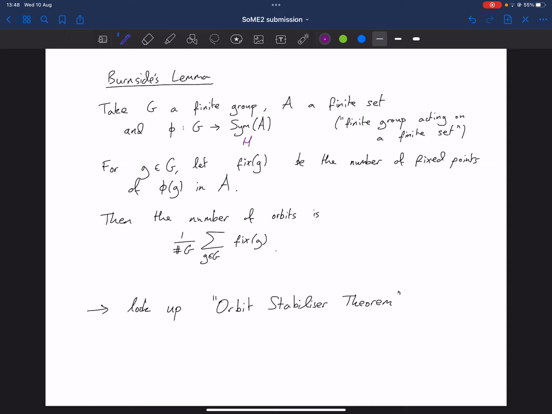We used that fact, but we didn't prove it. That is a consequence of something called the orbit stabilizer theorem, which is usually written in this more general language of group actions.